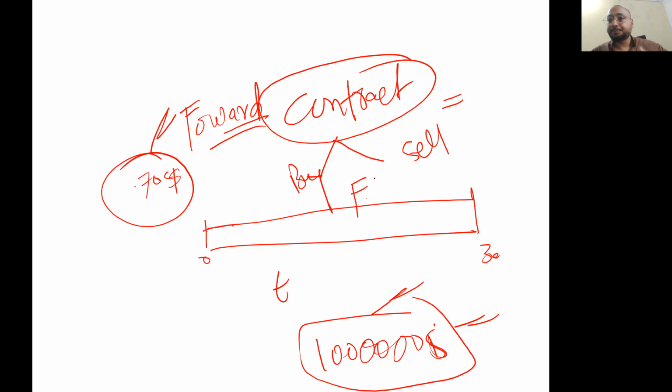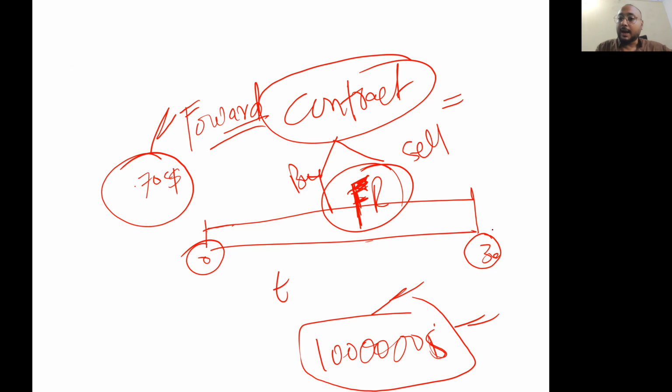The rate at which the contract is negotiated we call the forward rate, FR. So there are going to be two dates: the initial date and the contract expiration date, and there is going to be a forward rate at the end of the contract.